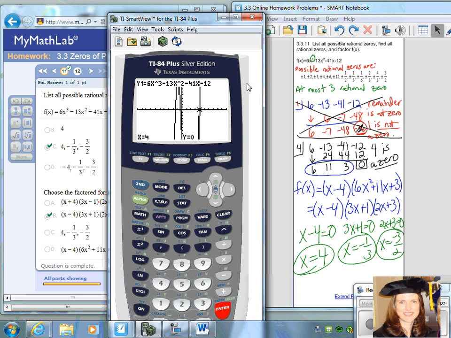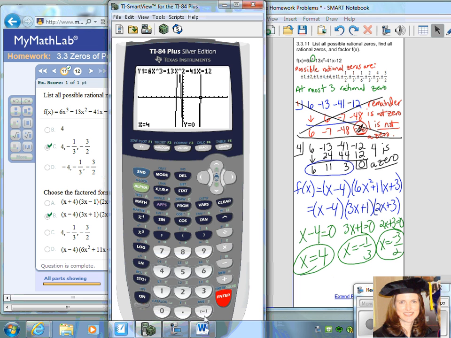I really want you to take a look at the graph, and you can tell that the graph crosses through here at 4. If you trace and type in 4, you see that's one of the zeros. The other zero is negative 1/3. If you again press trace and type in negative 1 divided by 3 and press enter, you see that's another place where the graph crosses through the x-axis.